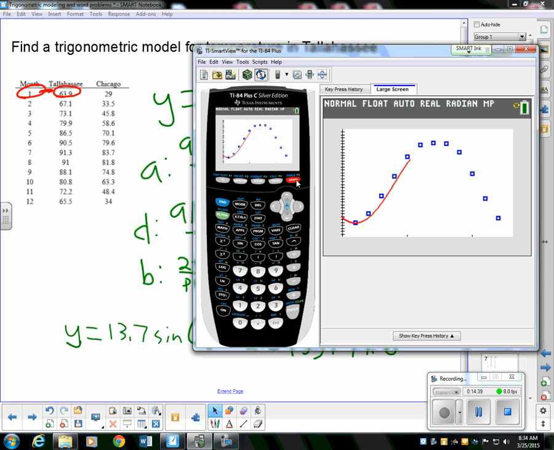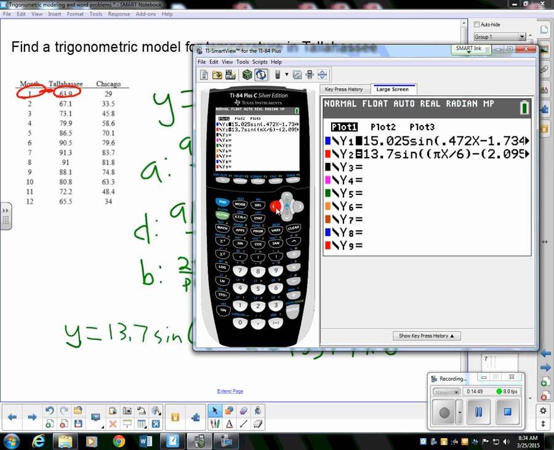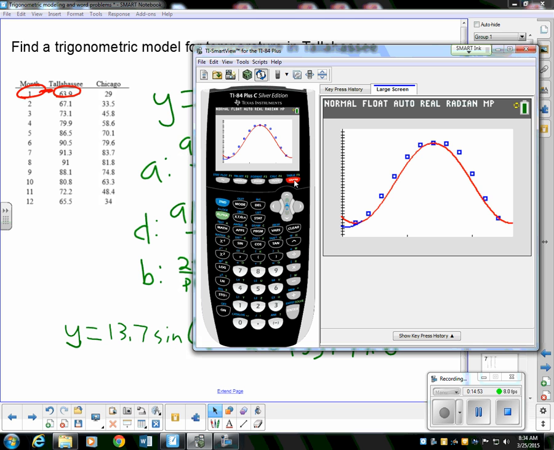Now, is it perfect? No, it's not. But it's close enough for what we want. I will go back to the y equals and put both of those in now. If you look, the blue one touches the dots closer. Obviously the calculator model is the better one as far as touching more dots, but the red one's pretty close.